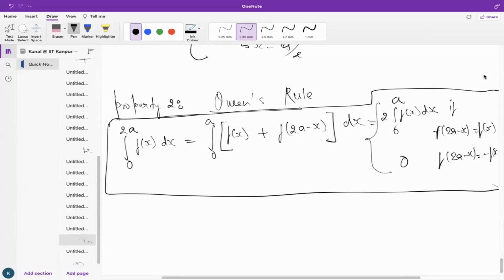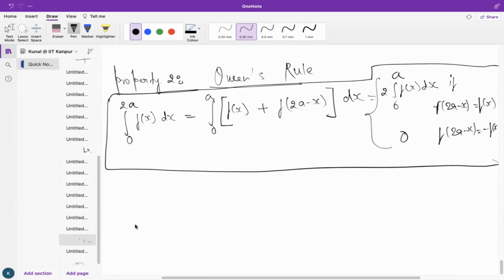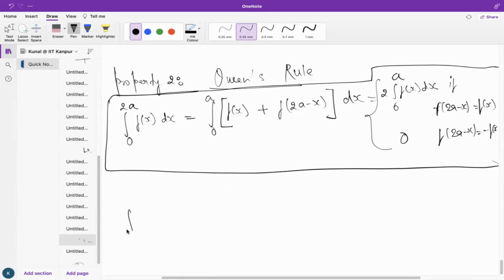This is our basic thing that I have to apply. Now first, what does it state? If I integrate a function with respect to x from 0 to 2a, or let me clarify, if we are integrating from 0 to a, then I have to write this f(x) as f(x) plus f(a minus x) dx and halve the limit.